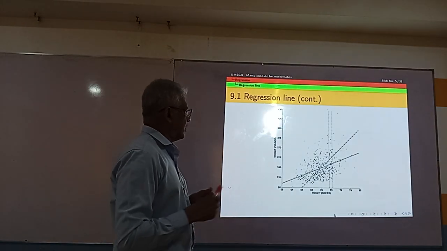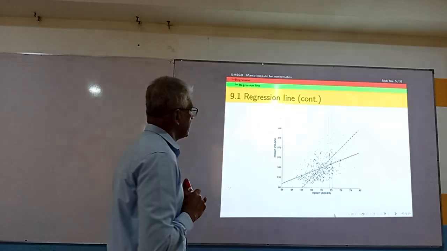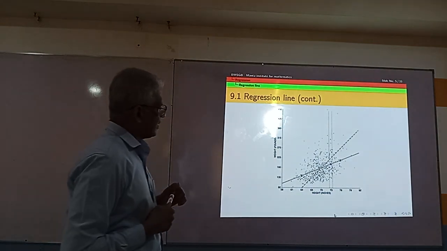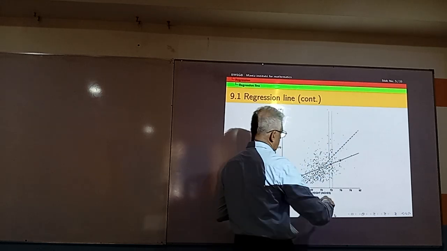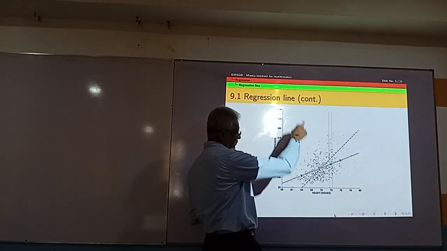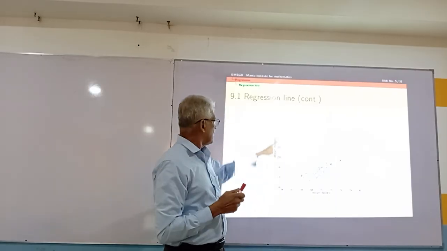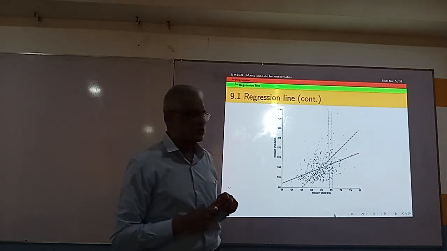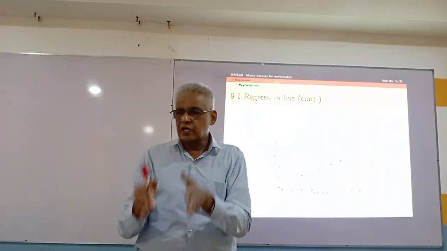Right. Now in this case, what we are going to look at is something called the regression line. So what the regression line means, for example, assume that you consider vertical stripes here. That means you consider all the weights of people whose heights are a given value.